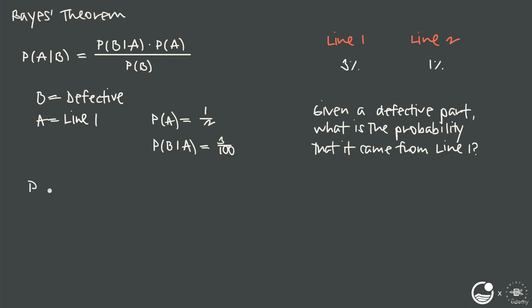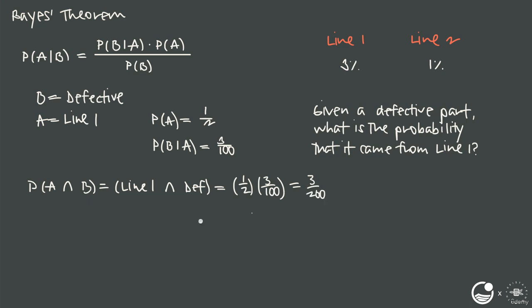The probability that the part comes from line 1 and is defective is equal to, this is our multiplication rule, the probability that the part comes from line 1, which we know is 1/2, multiplied by the probability that the part is defective, which we know is 3/100. So we get 3/200.